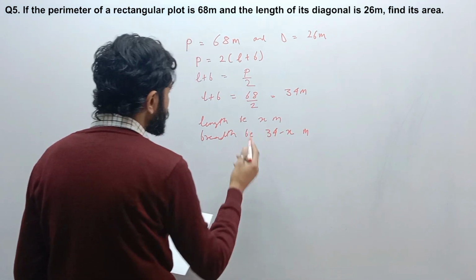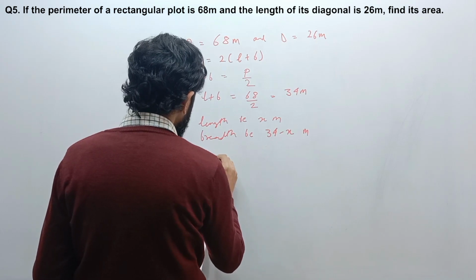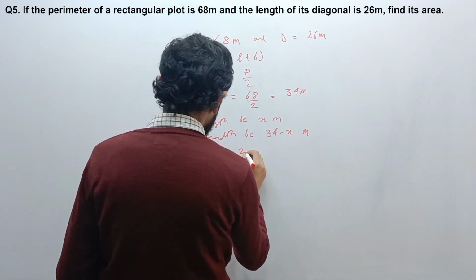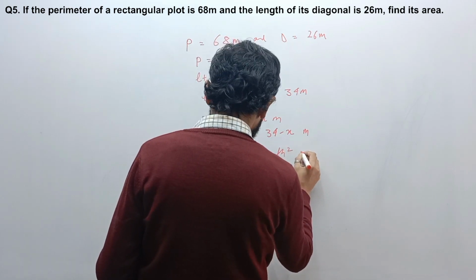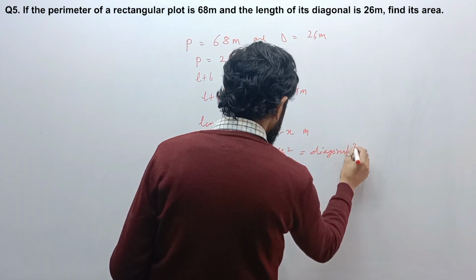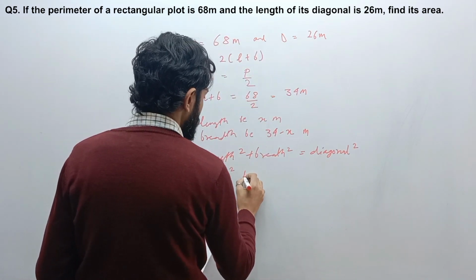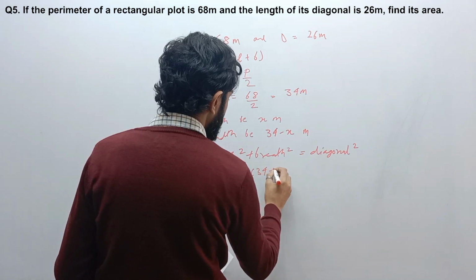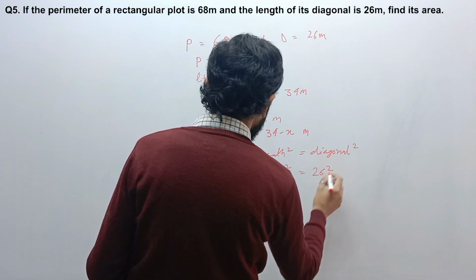So according to the given question, we can write length square plus breadth square is equal to diagonal square. So it would be x square plus 34 minus x whole square is equal to 26 square.